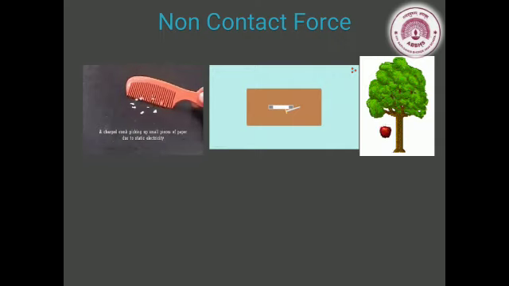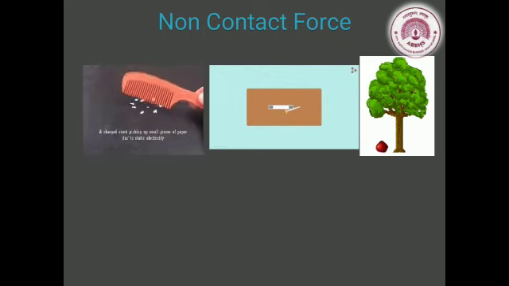When an apple falls from the tree, why does it fall towards the ground? Earth exerts a force on the apple. Earth always pulls the object towards it. This force that the earth exerts on an object is called gravitational force. Here, a contact between the object and the earth is not necessary and hence gravitational force is a non-contact force.